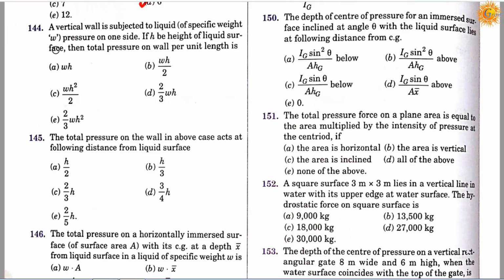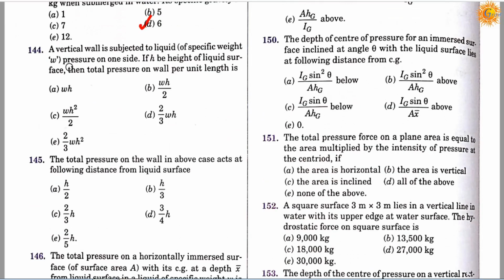Question number 144. A vertical wall is subjected to liquid of specific weight W with pressure on one side.